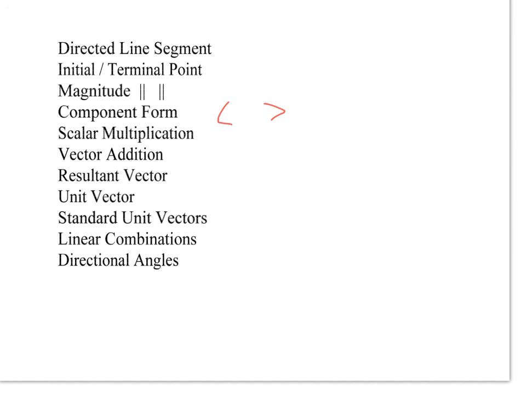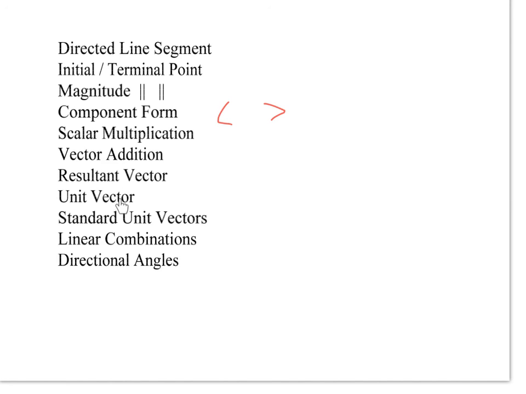Scalar multiplication, that's what we use to make vectors either longer or shorter. We're going to multiply by a scalar, which of course is just a number. Vector addition, we're going to add the x's, add the y's. You can use the parallelogram method to do it visually. The resultant vector, the answer vector, when I add or subtract vectors, is called the resultant vector.